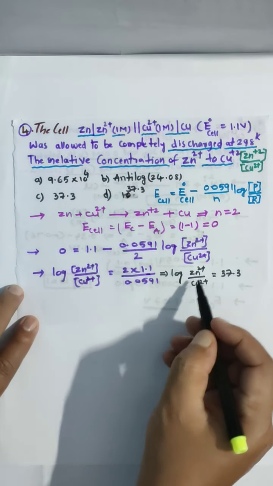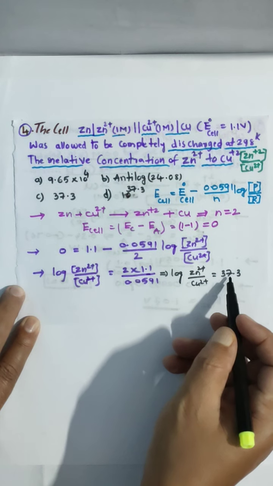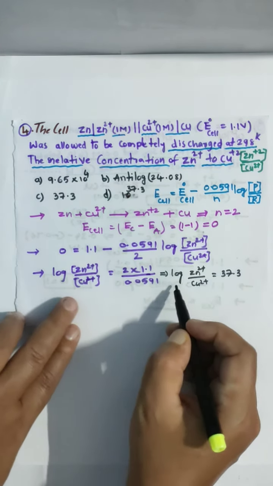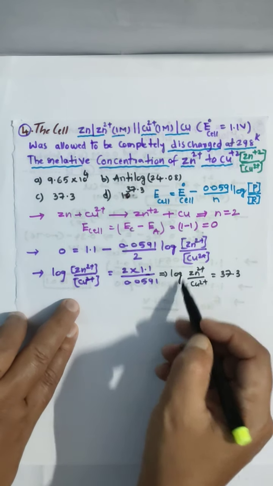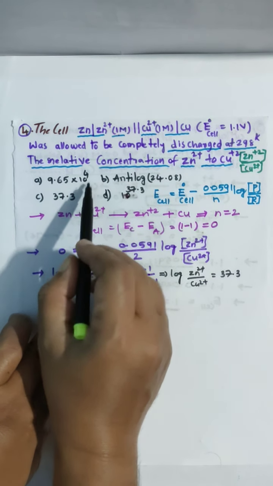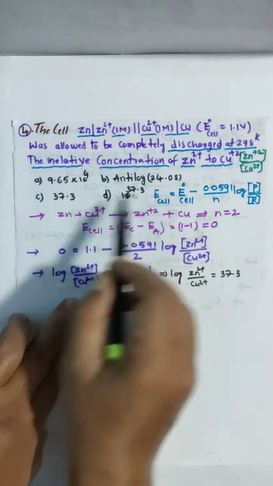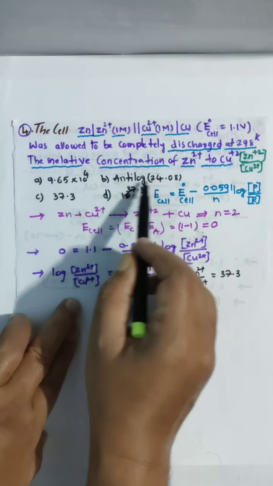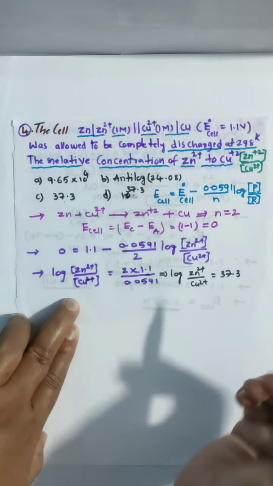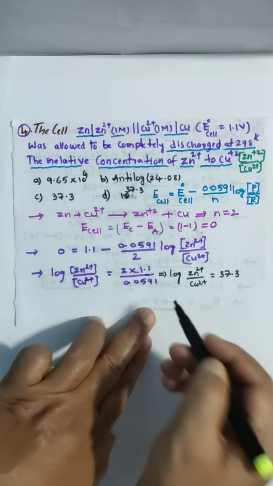So now log Zn2+ upon Cu2+ you are getting as 37.3 value, and this is the value we actually got. But the options are given as 9.65 into 10 to the power of 4, antilog of 24.08. So we didn't get this; we got 10 power 37.3. They asked for Zn2+ by Cu2+, not log.